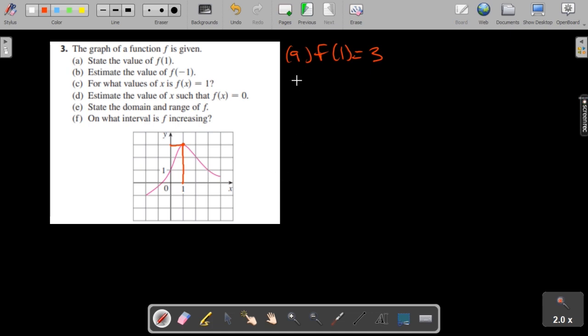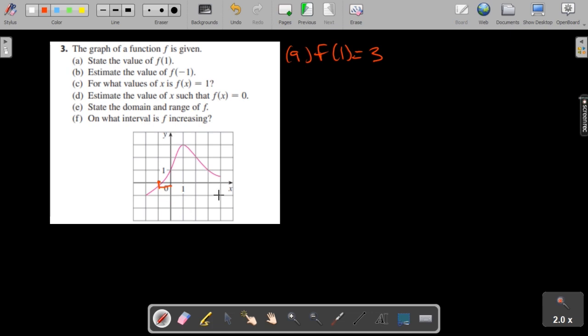Right, the next question says estimate the value of f of minus 1. So once again, we're going to find the y value at an x of minus 1. So minus 1 somewhere there. And if you go down to try and estimate what the y value might be, that corresponds to some point there.